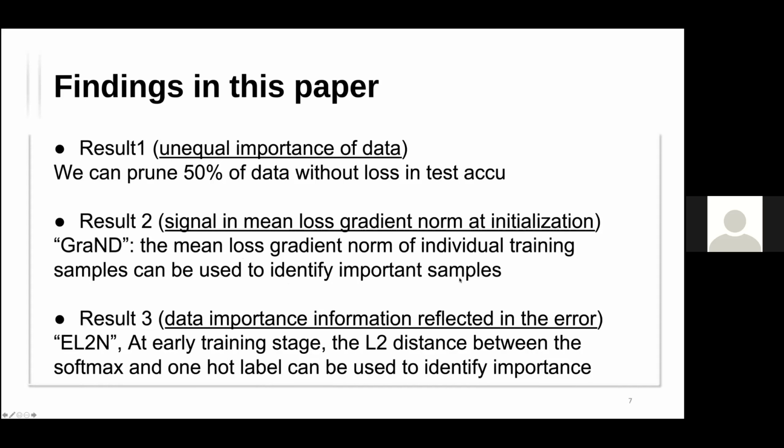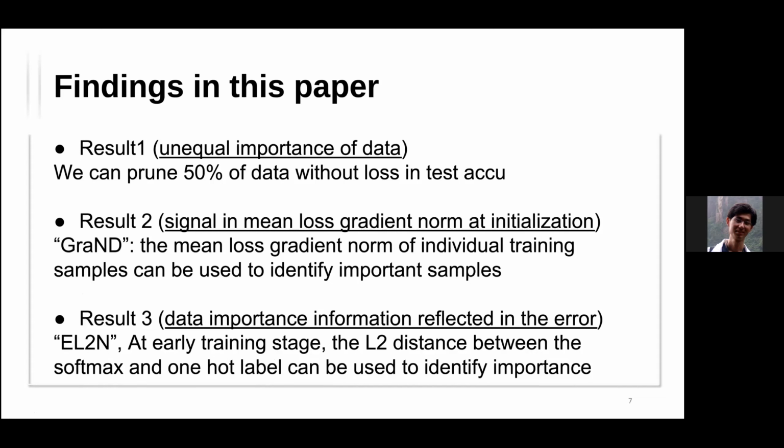Later, we will talk about how to calculate it. The third result is that they investigate another score called EL2N that can identify important samples at the early training stage. This EL2N is an approximation of the mean loss gradient norm.